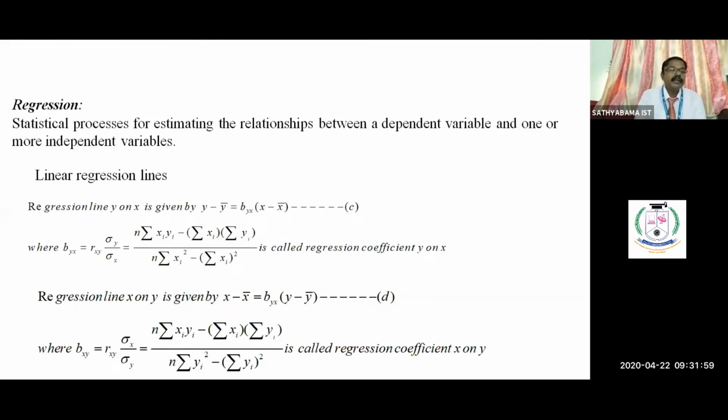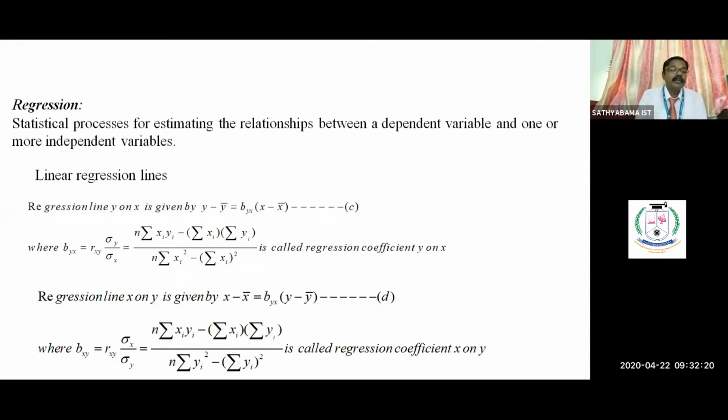Here I have written, in the second line of this regression equation y on x, byx, that is called the regression coefficient, n into sigma xi yi. That is in case of discrete data. We have discussed this problem already in the discrete case.